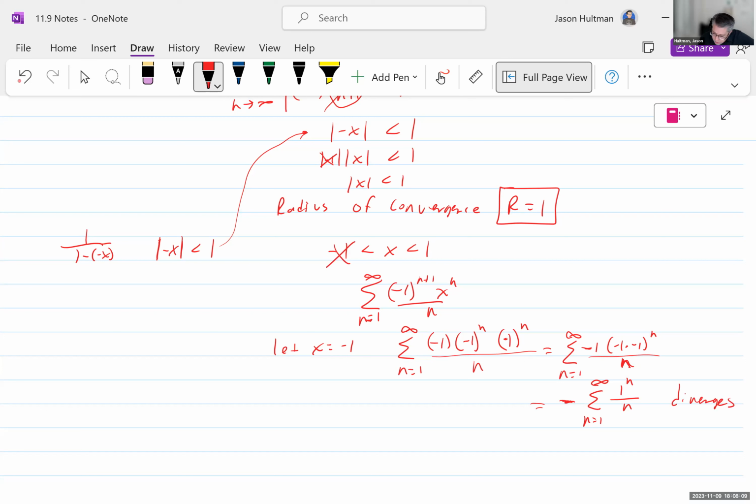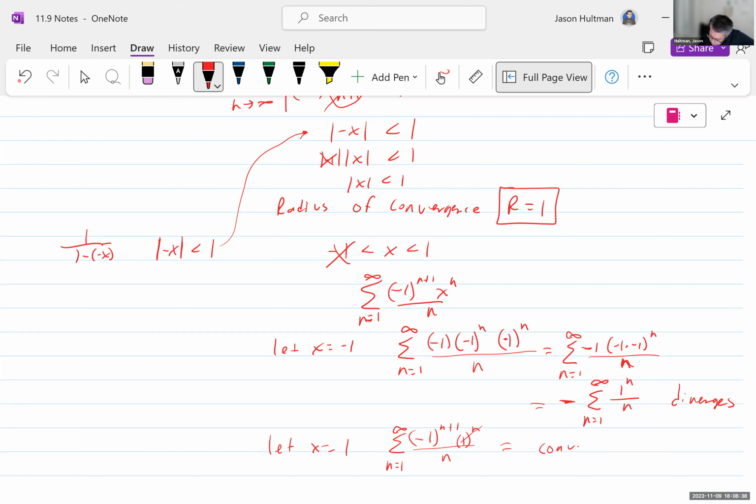Okay, what happens if I plug in 1? Then I get -1 to the n plus 1 times 1 to the n, which is just 1, all over n. And this becomes the alternating harmonic series. And we know that the alternating harmonic series is convergent.